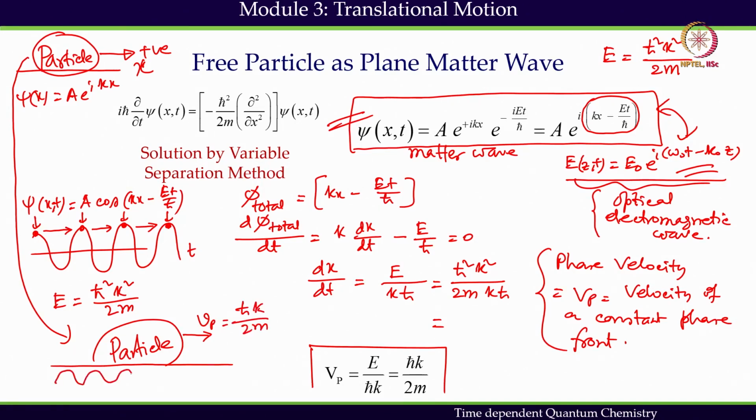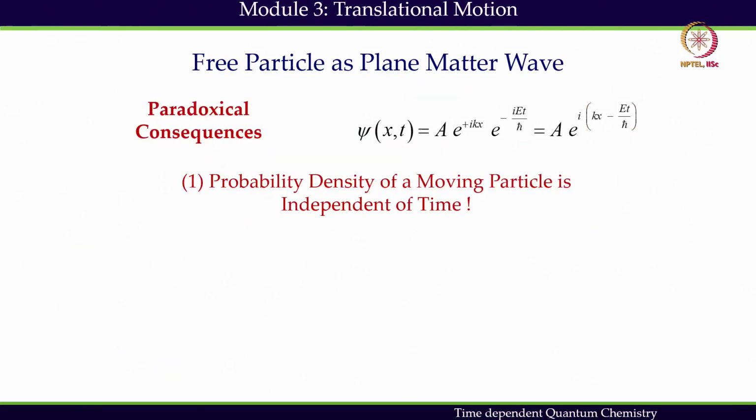It looks like a plane wave, a wave propagating through space. Now, if this is the picture of the quantum particle, we have many issues, many strange behavior we will be able to find out immediately if I consider this to be a solution for the free particle.